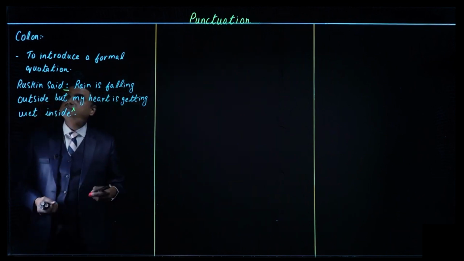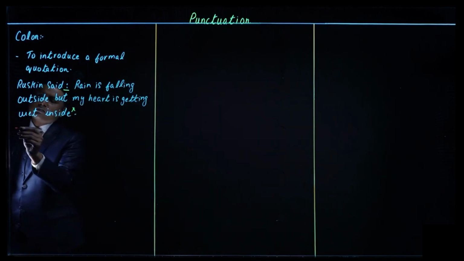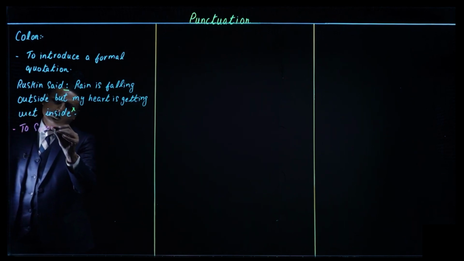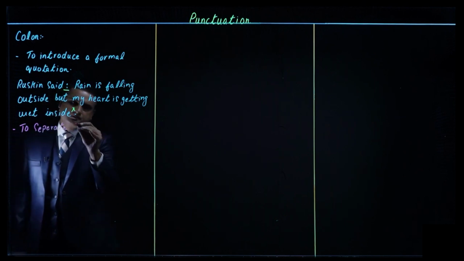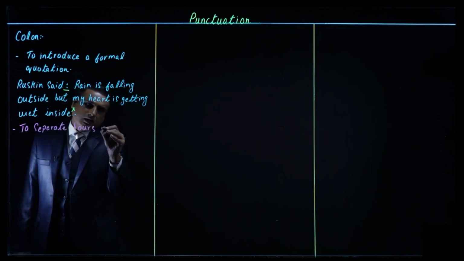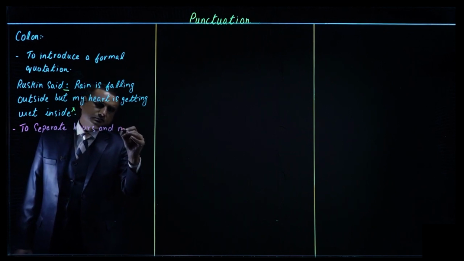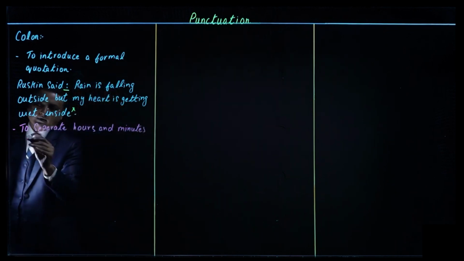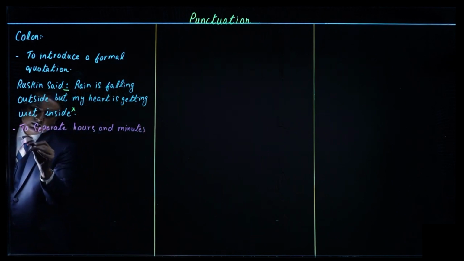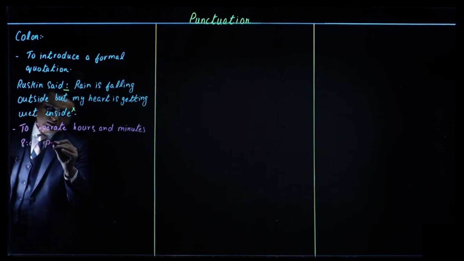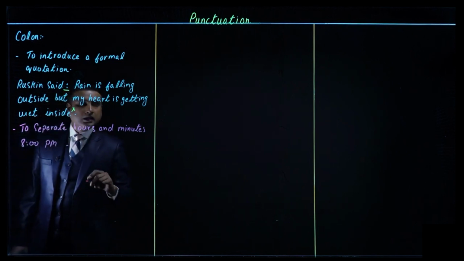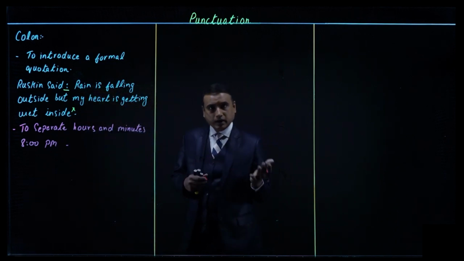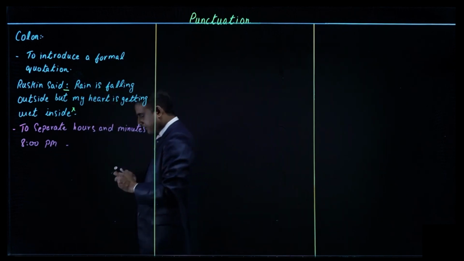Then the most common usage you have is to separate hours and minutes. For example, if I say 8 p.m., here you will use colon between hours and minutes.